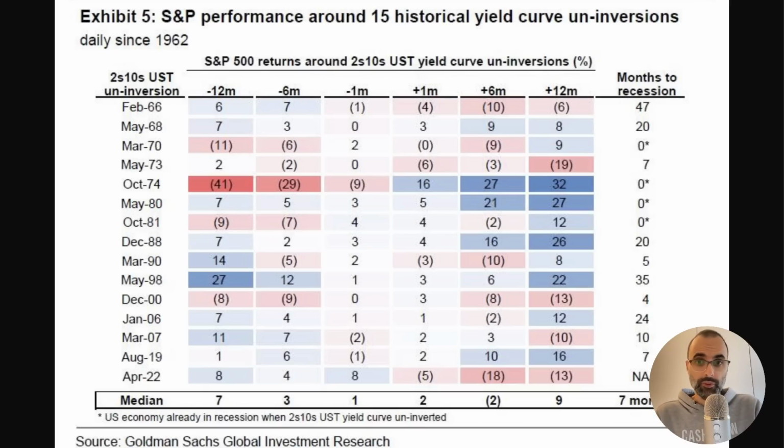S&P performance around 15 historical yield curve uninversions. You'll look through the list. It is varied, how it responds, but what's important to note is why we're going into the process in the first place.